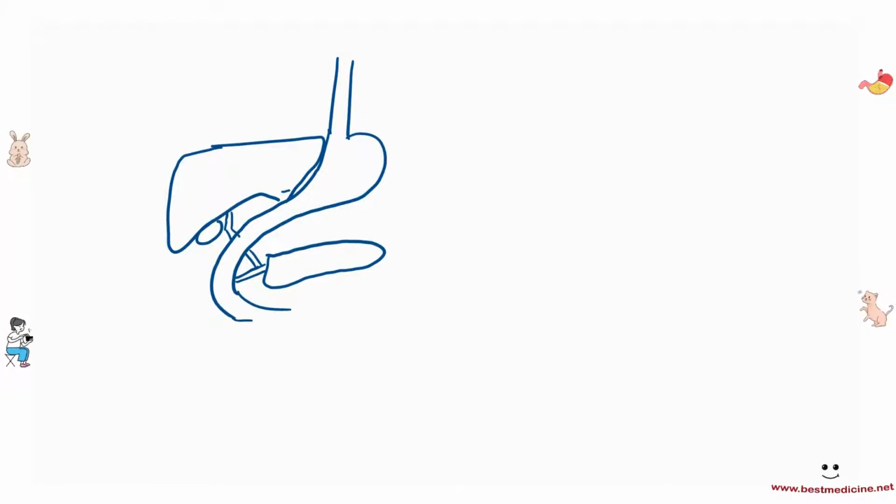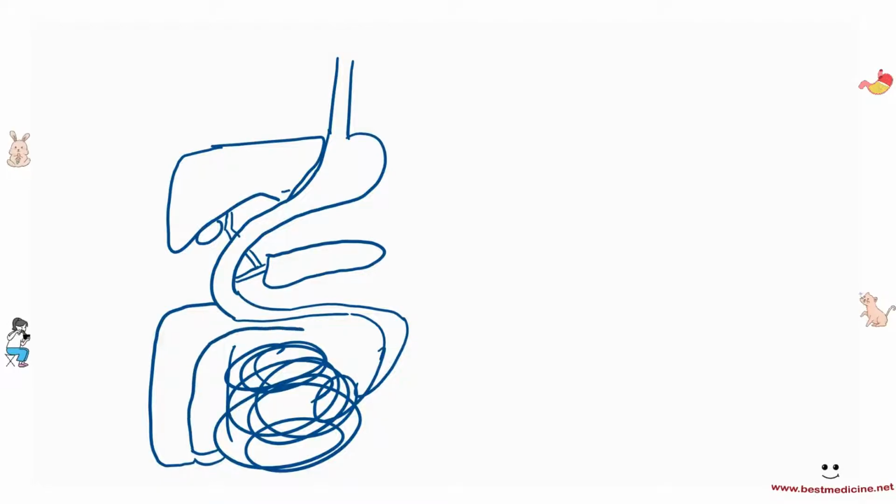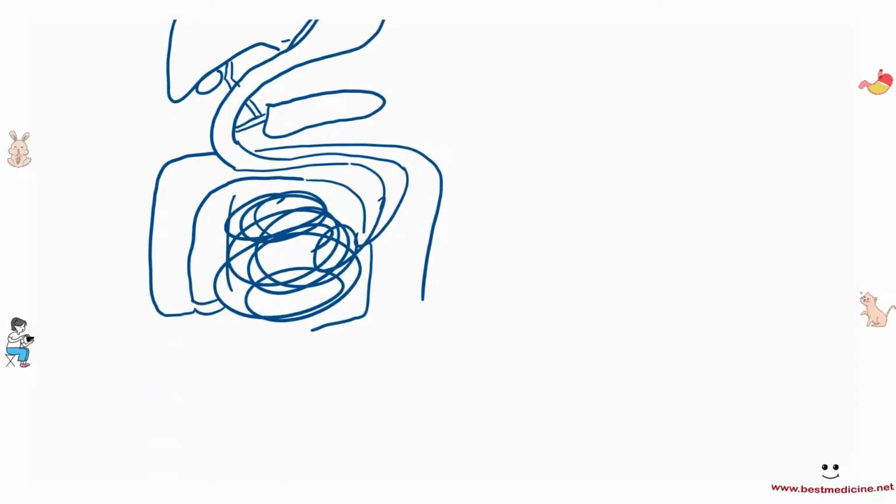The small intestine has a lot of branches, and then eventually it will conclude over here with the large intestine, which is very thick. This large intestine eventually concludes as the rectum and the anus. The last part is called the rectum and then the anus.